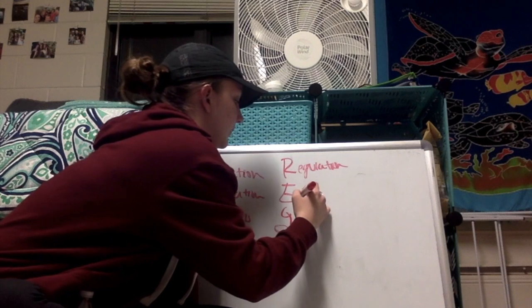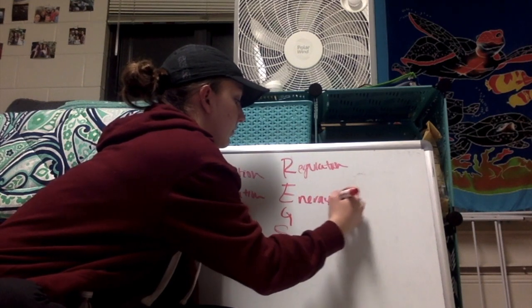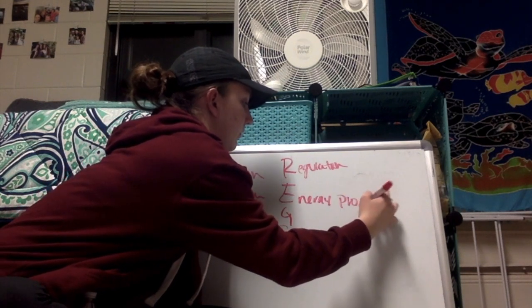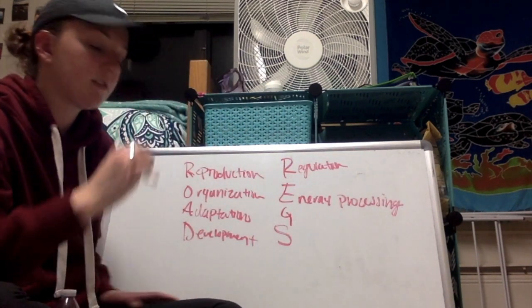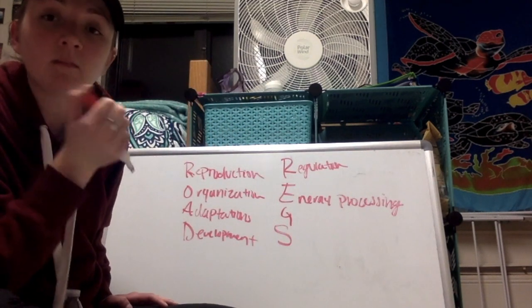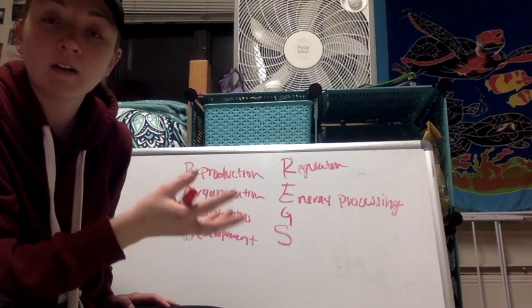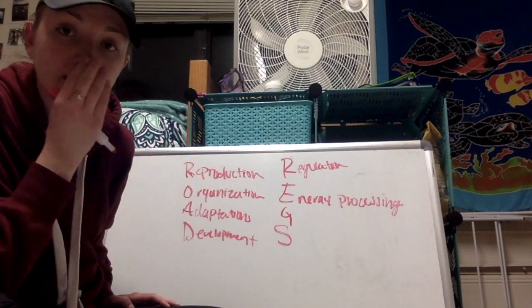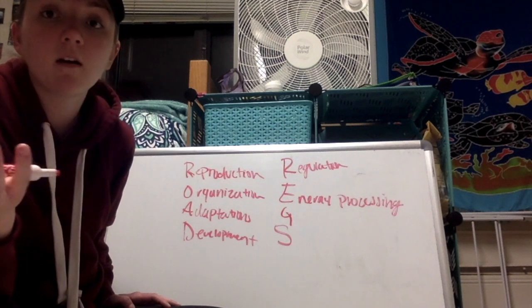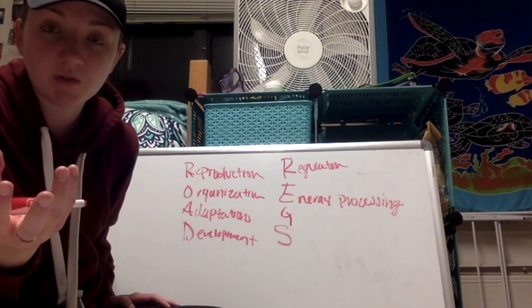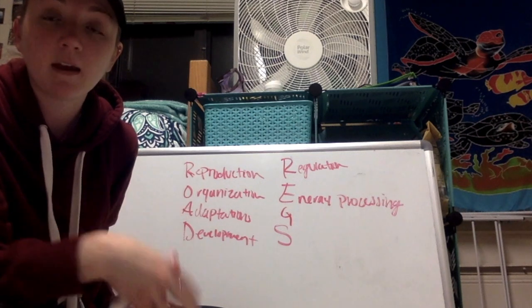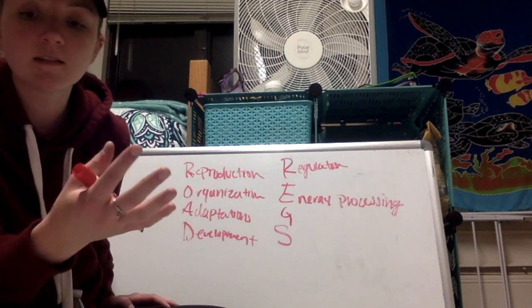And then E stands for energy processing. And that is your metabolism. And some organisms make their own food, like plants, but some organisms rely on other sources for food, such as animals or plants.